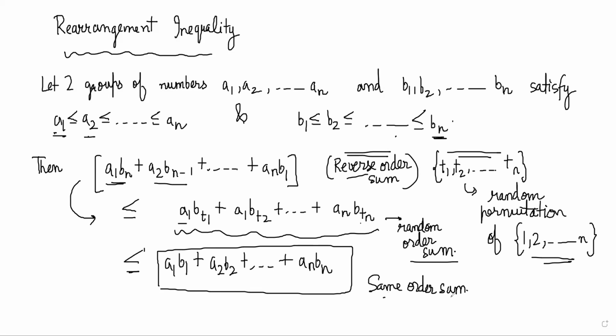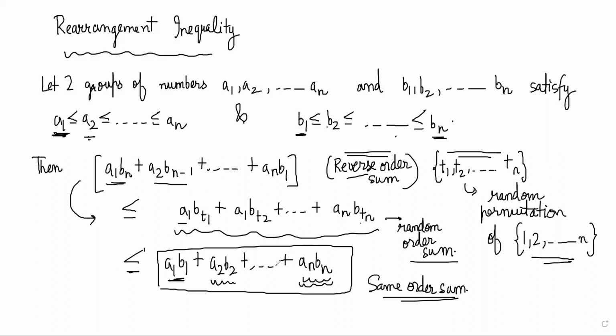What is this? Here you are multiplying the smallest element with the smallest element, A1 and B1, A2 and B2. So these are the second smallest elements. And similarly, the highest element is multiplied with the highest element.